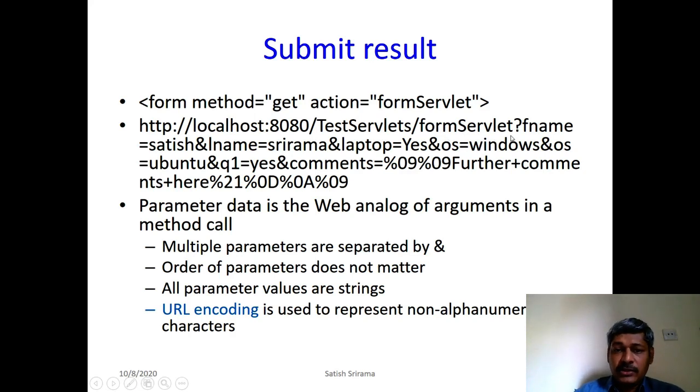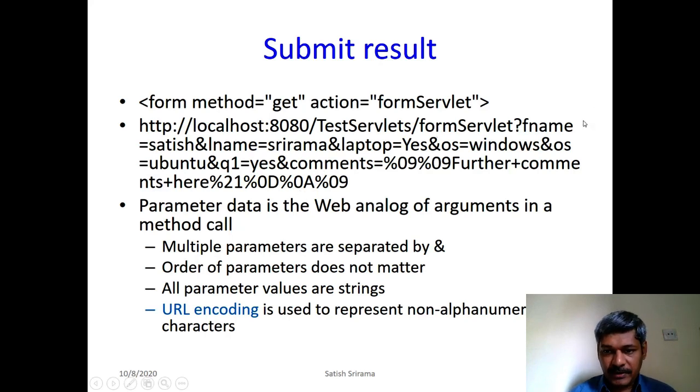As I mentioned, once you have submitted the document, since by default the method is get, all the parameters are appended to this URL. The parameter data is like the arguments, the way you send arguments to function or method calls. Here you will be sending this parameter data.